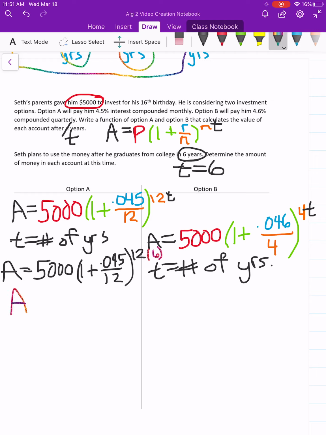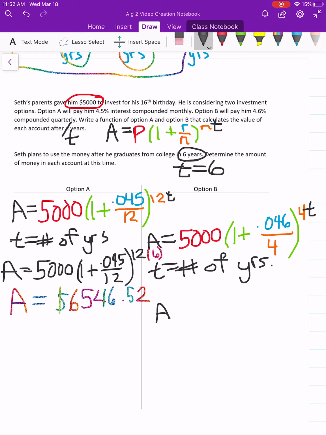And we'll get that our amount in that account is going to be about $6,546 and let's say 52 cents. So if he puts $5,000 into the bank, doesn't put any additional money in there, after 6 years, he will have $6,546.52 in this account.